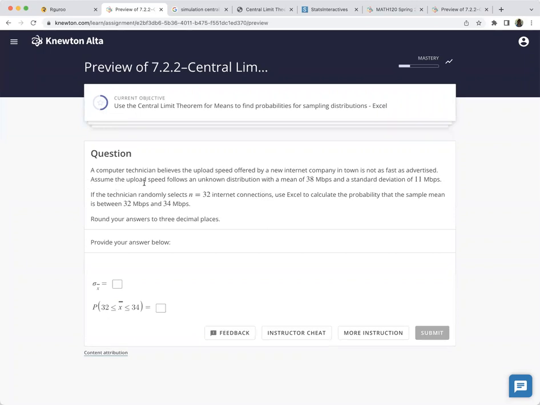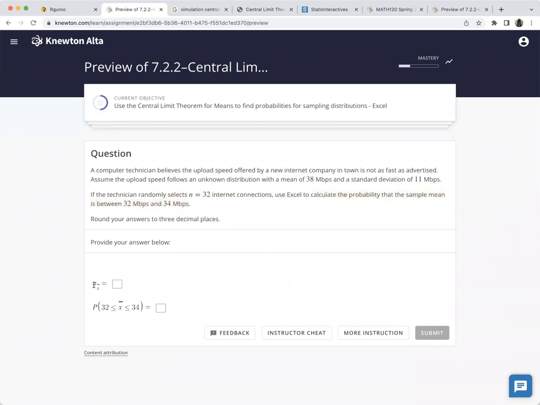We're going to assume the upload speed follows an unknown distribution. Again, remember that to apply the central limit theorem, we don't need information about the original distribution, with a mean of 38 and a standard deviation of 11. If the technician randomly selects a sample of 32 internet connections, we need to calculate the probability that the sample mean is between 32 and 34.